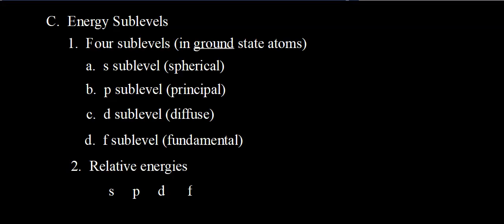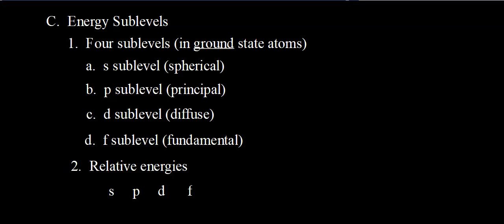S comes from spherical. We have P sublevels, D sublevels, and F sublevels. For this class, we will not be dealing with any electrons in F sublevels. Now, something else to keep in mind is that not every one of these sublevels is found in every energy level. So we'll see examples of that as well.